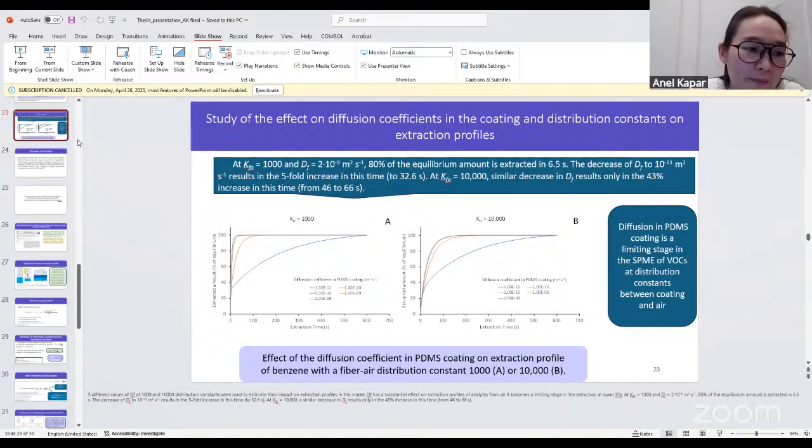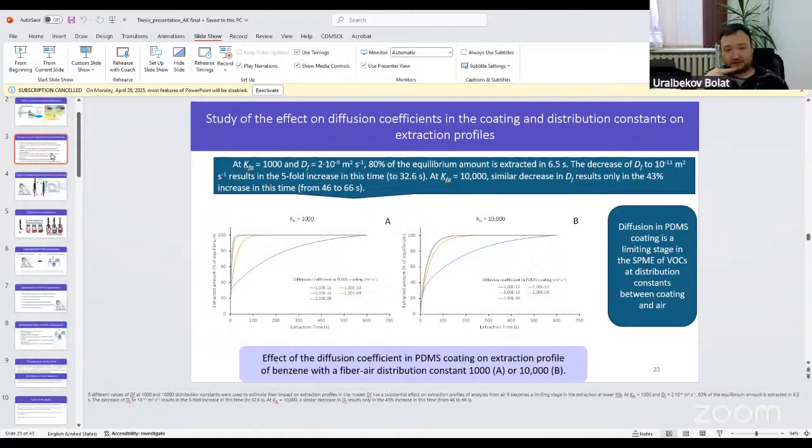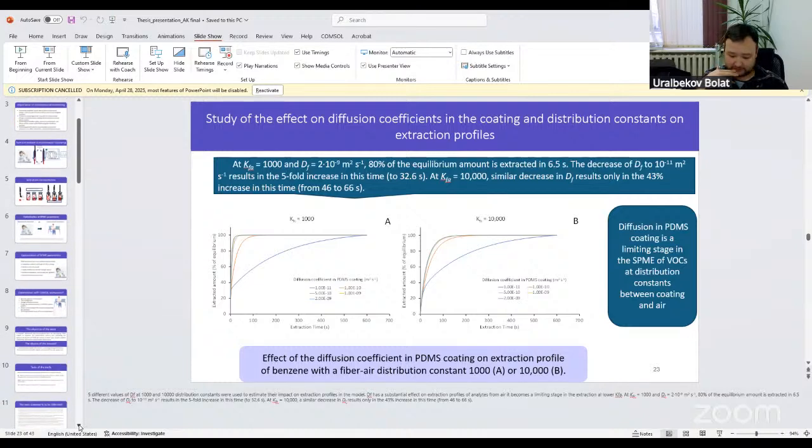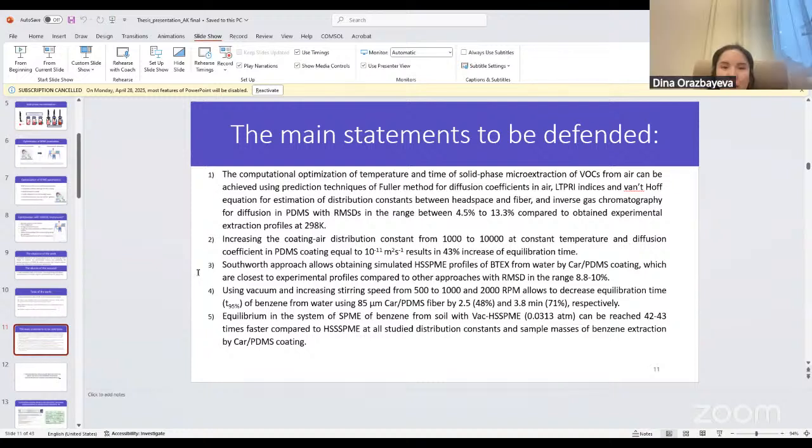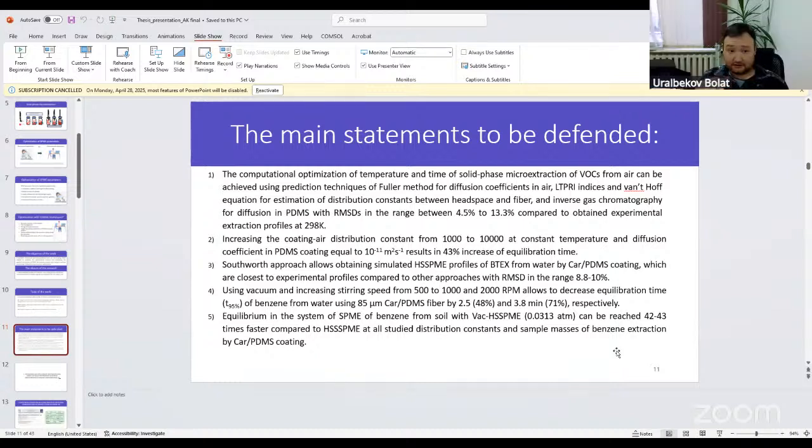Because it's probably, please read statements once again. I think the statement is also on the slide. Okay. So yeah, it's different in here. Yeah, sorry. Okay. Increasing the coating distribution constant from 1000 to 10,000 at constant temperature, and the diffusion coefficient in PDMS equal to 10 minus 12 results in 43% increase of equilibration time.